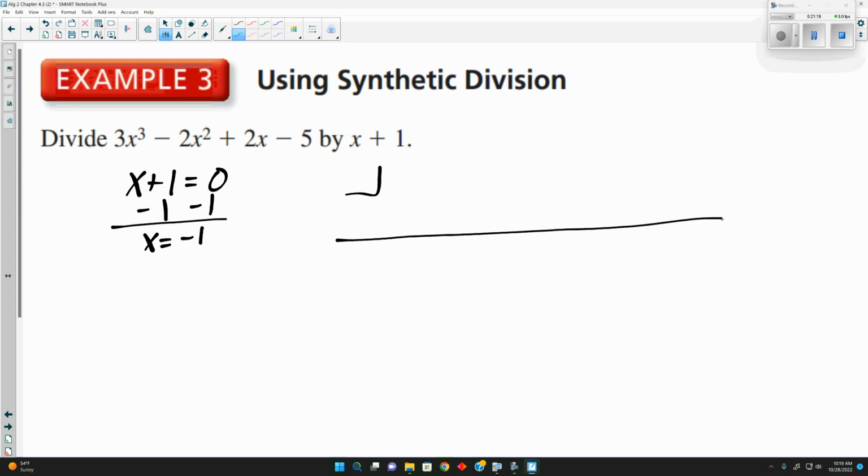So we set up the line. And across the top, we would have 3, -2, 2, -5. And we would bring down the 3.